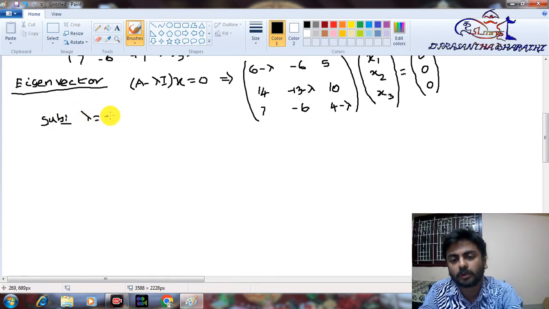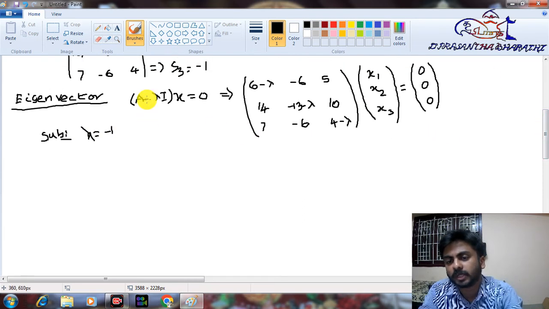In the above matrix, 6 minus -1 will be 7, then it is -6, and then 5.